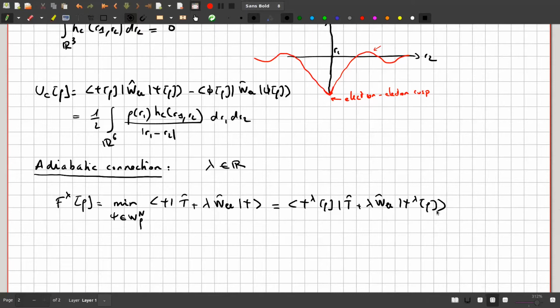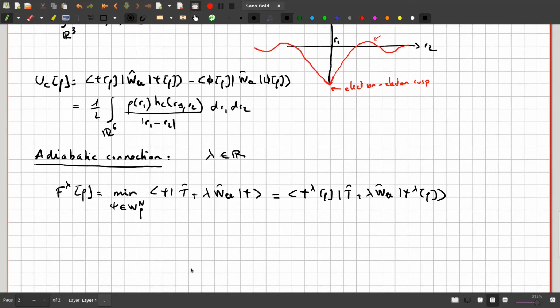Okay, so now this lambda, you can vary it. If it is 0, you have f of lambda of 0, and you will completely remove the interaction part, so it will remain only the kinetic energy part.